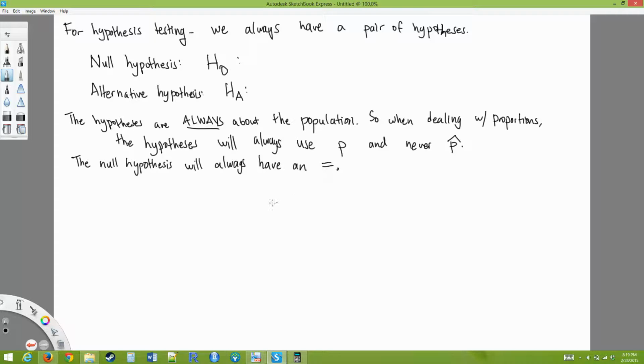The null hypothesis will always have an equal sign, and then the alternative hypothesis will always have greater than or less than or not equal to, okay? Depending on how the question is written.